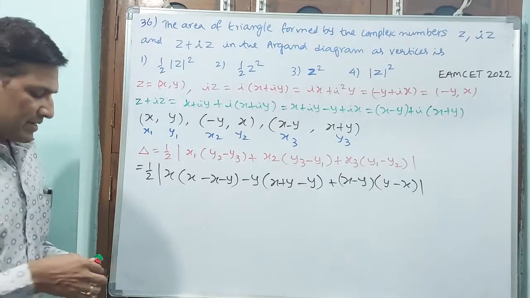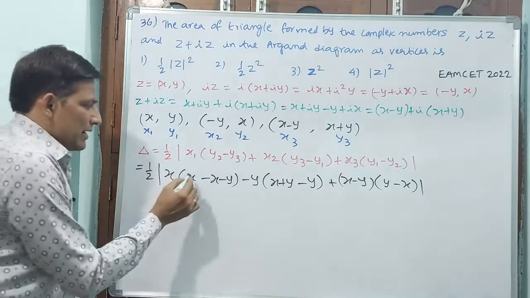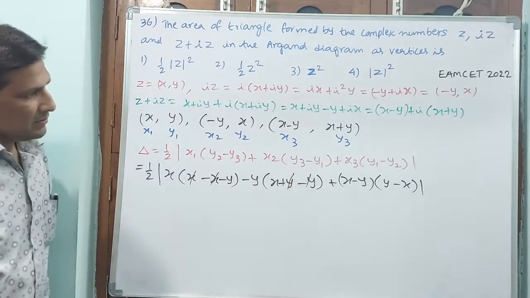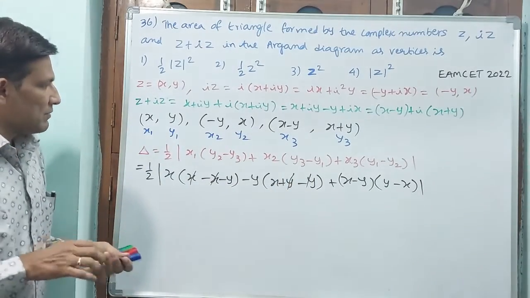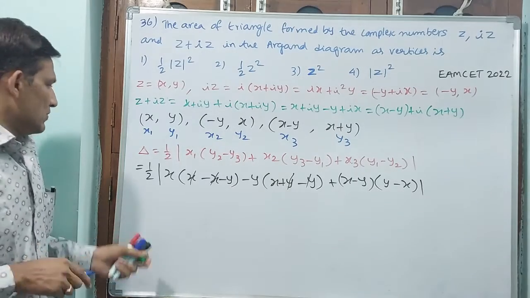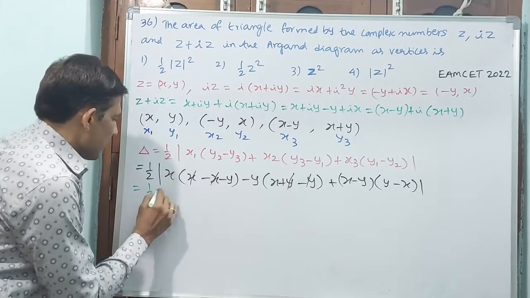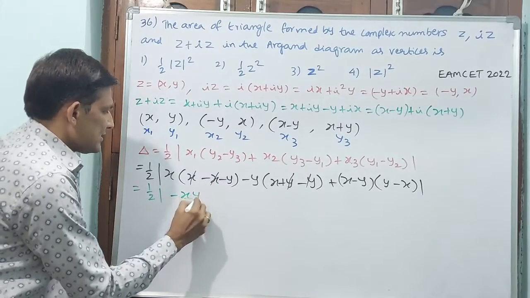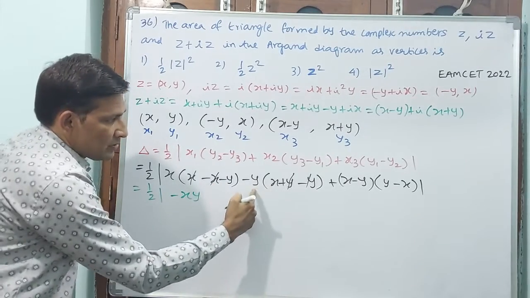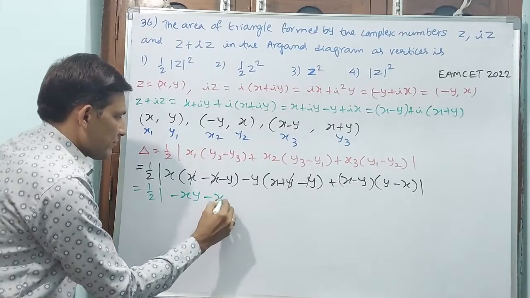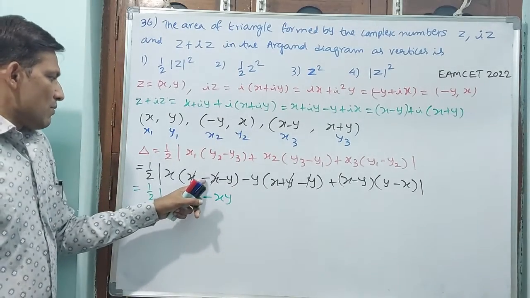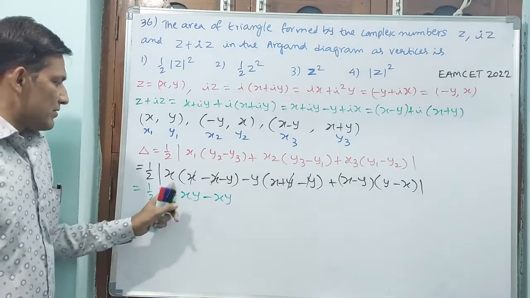Before expanding, plus x minus x you cancel out, plus y minus y you cancel out. Then expand the rest. That is equal to modulus of, now minus xy will come, and this is also minus xy: x into minus y is minus xy, and minus y into x is minus xy.